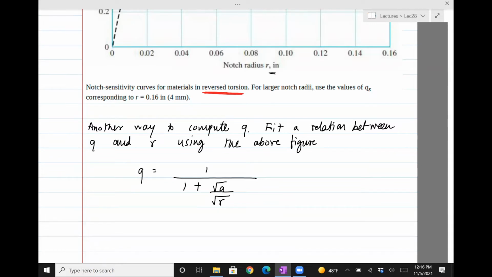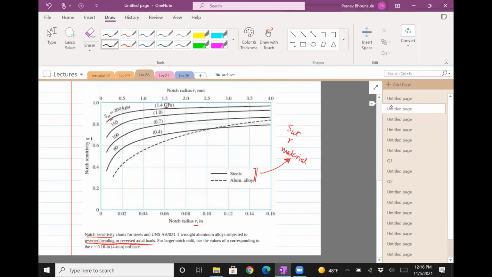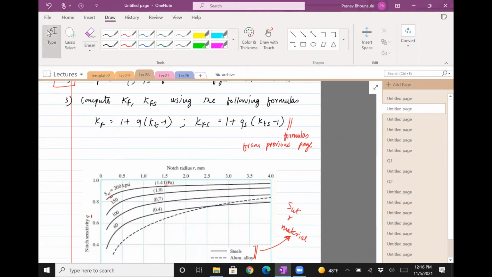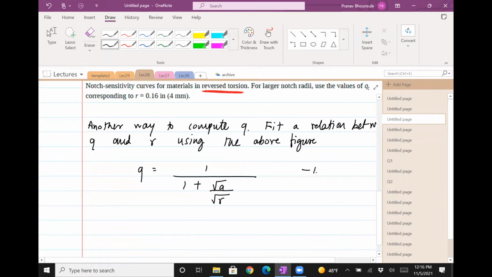Let me just number them, that will be useful when I do the problems. Let me call this 1, the equations in the algorithm, and this 2. We'll be using this when we solve problems.